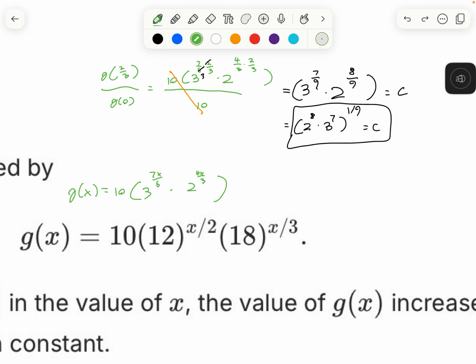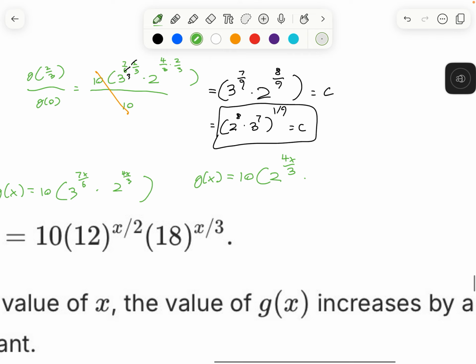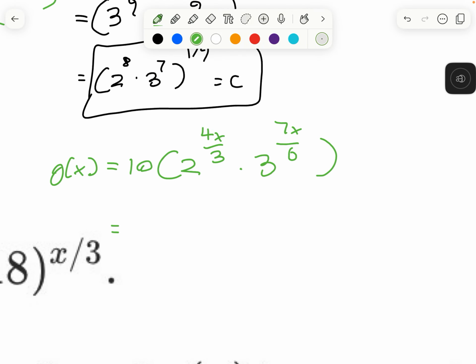Well, we know g of x is equal to 10 times 2 to the 4x over 3 times 3 to the 7x over 6, right? Once again, I want to remove fractions. So this 2 part here becomes 8x over 6, and this stays the same.